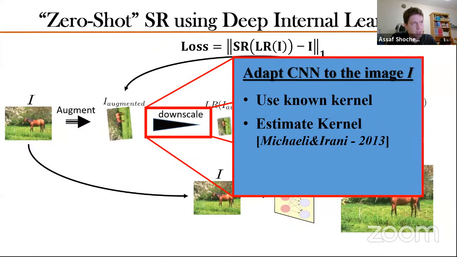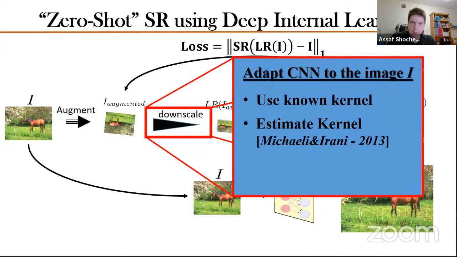What we actually did in this work, for the challenge we call blind super resolution, where you don't know the kernel itself, is use this work from 2013 by Tomer Michaeli, when he was a postdoc at our lab with Michal Irani. It's a non-deep learning method for estimating the downscaling kernel for super resolution.